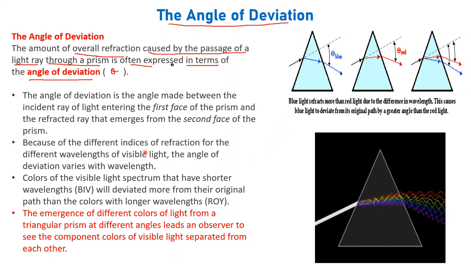Now because of the difference in indices of refraction for the different wavelengths of visible light, okay, now what is visible light? The white light that we see, that is coming out from the sun, which makes the pattern of VIBGYOR. All those colors of light, that is VIBGYOR, are formed because of the dispersion and the refraction of white light.